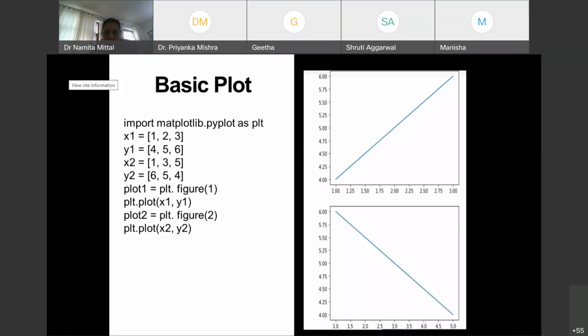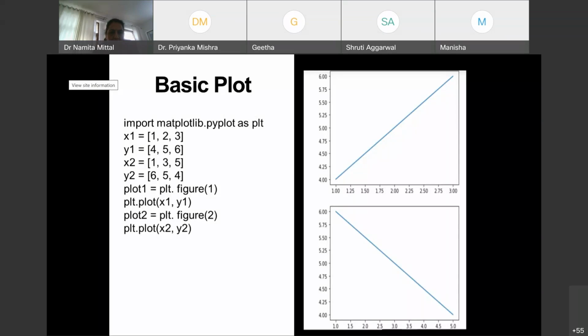What I did, I have not generated data. I have fixed it. x1 is 1, 2, 3, y1 is 4, 5, 6, x2 is 1, 3, 5, y2 is 6, 5, 4. These are my fixed values. I can change it here only. मैंने पहला प्लॉट जो है, मैंने पहली फिगर बनाई है और उसको हमने प्लॉट 1 में रखा.